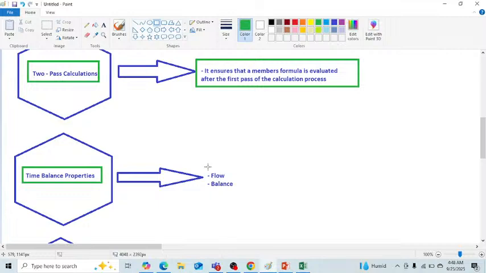It is also important to have time balance, so it is flow and balance.